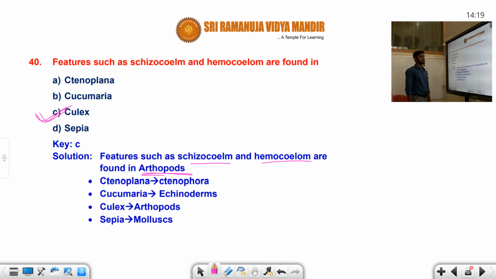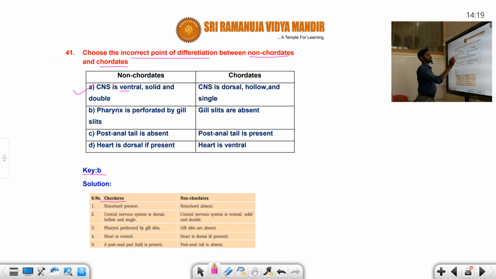Next, 41. This is also very easy. It is an NCERT based type of question. Choose the incorrect points in the differentiation between non-chordates and chordates. Now I can see chordate and non-chordate is given. In option C, the CNS is ventral, solid and double. This is a correct option. And for chordates, the central nervous system is dorsal, hollow, single. This is also correct.